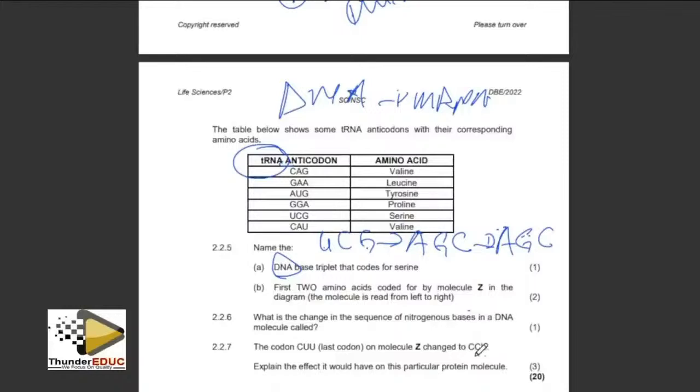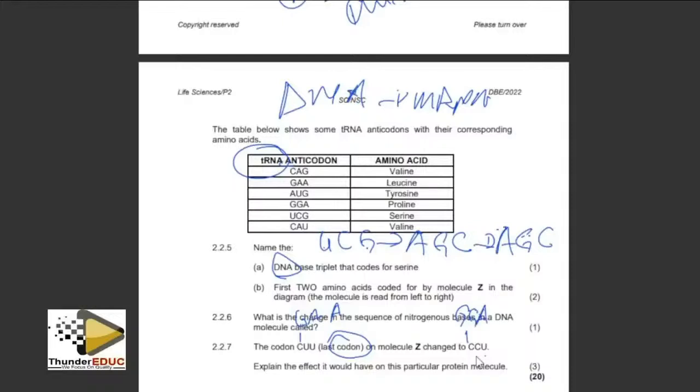They're saying that codon CUU changes to CCU. Now they're saying codons, it means they are not saying anticodons. So I have to convert this into transfer RNA. This is going to be GAA, and then this is going to be GGA.